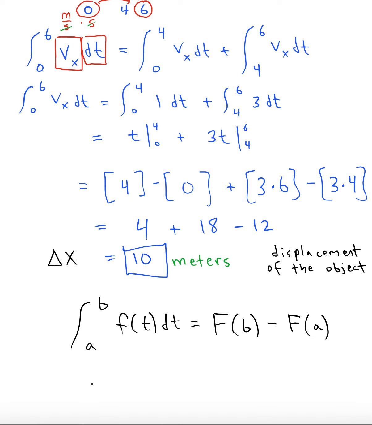Another way of saying this is delta f from a to b is equal to the integral from a to b of little f. Both of these statements say the same thing.